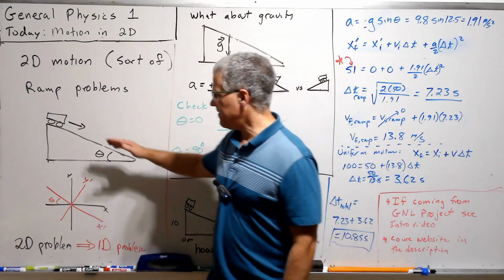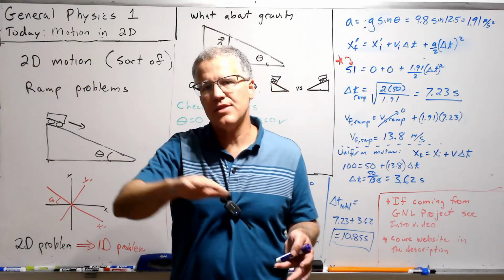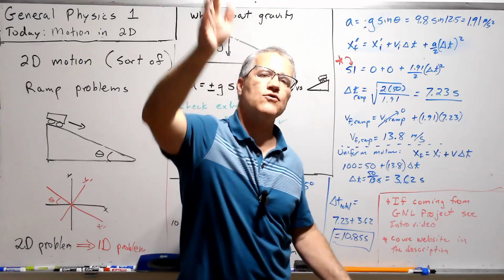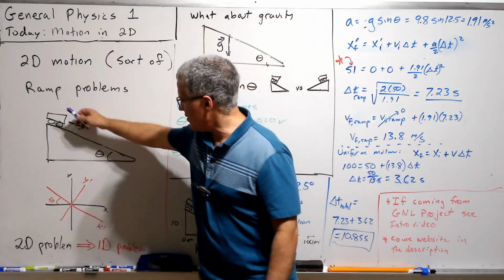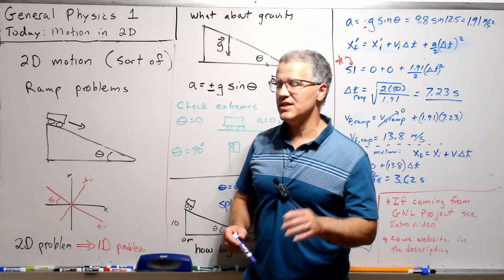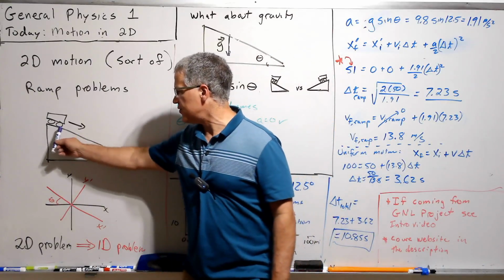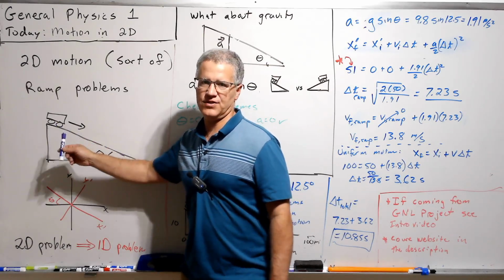However, something feels a little more constrained here. The cart has to roll on the ramp. It can't just move around willy-nilly in the 2 dimensions. It has to be stuck on the ramp. So because of that constraint, it really is a one-dimensional problem. All we have to do to describe its motion is how is it moving along the surface of this ramp.